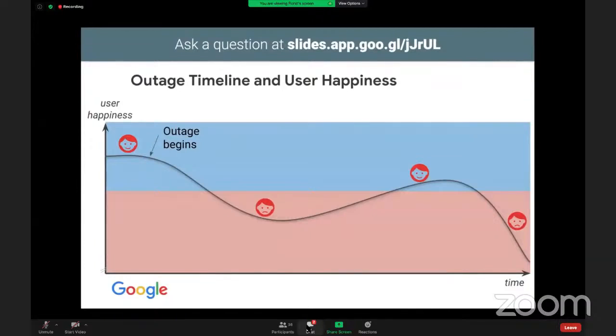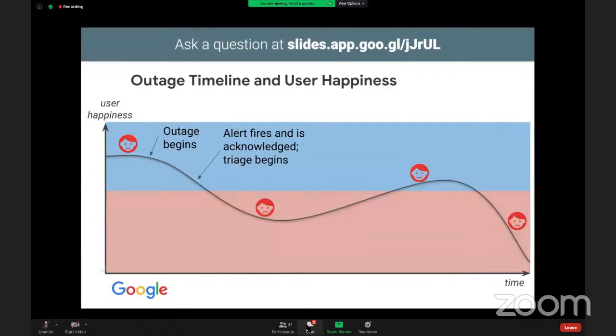It is a question of how often and how impactful they are. Let's look at how a service outage affects user happiness and define some vocabulary about outages. In general, user happiness falls when the outage is ongoing and rises during periods of stability. So let's break this down into phases.